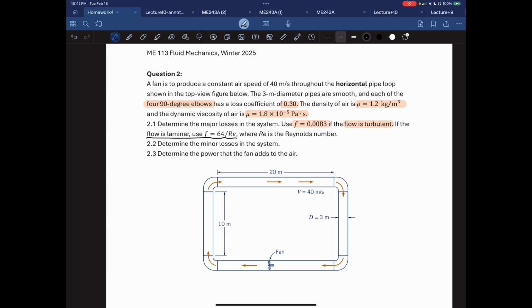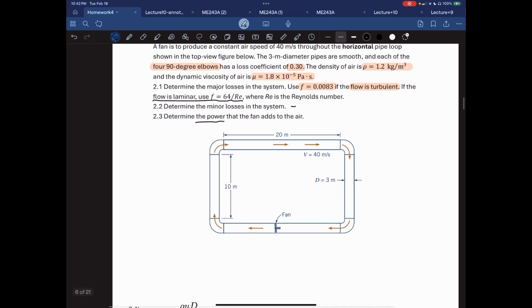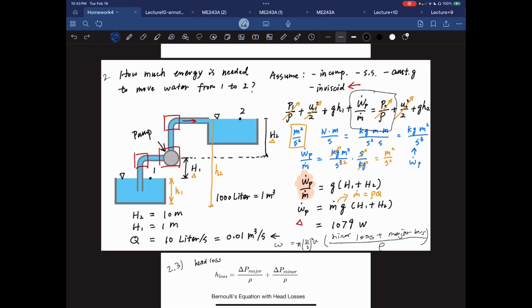Also determine the minor losses, and this time we have to determine the power. So our formula will be not just the Bernoulli application, it'll be more involved, but I already have lecture slides that'll be helpful to refer to.